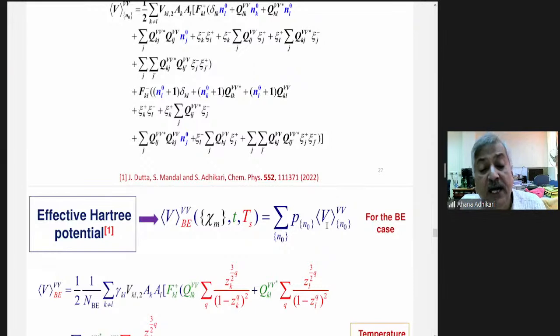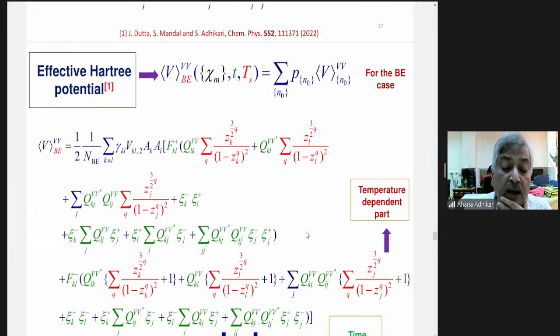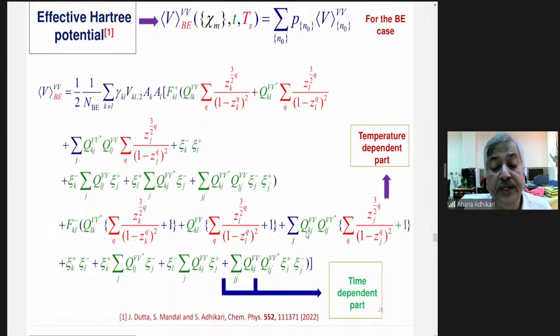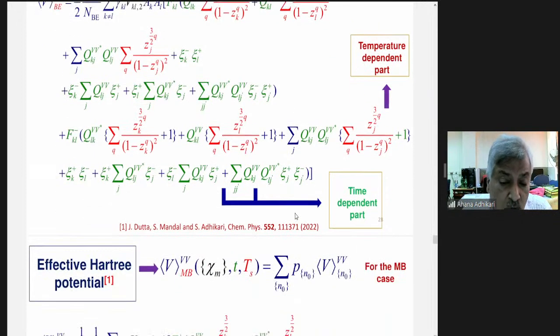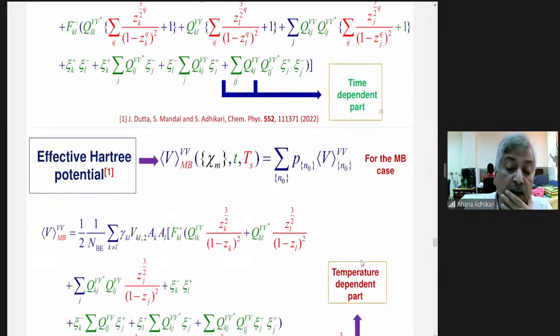And then if you consider again the Bose-Einstein or Maxwell-Boltzmann, the effective Hamiltonian for the bilinear term has time and temperature dependent terms based on the partition function, which include all the frequencies of the surface modes, and you consider not only the linear but also the bilinear term. And then if you do the dynamical calculation, that is where Maxwell-Boltzmann and Bose-Einstein come into play in the effective Hartree potential.